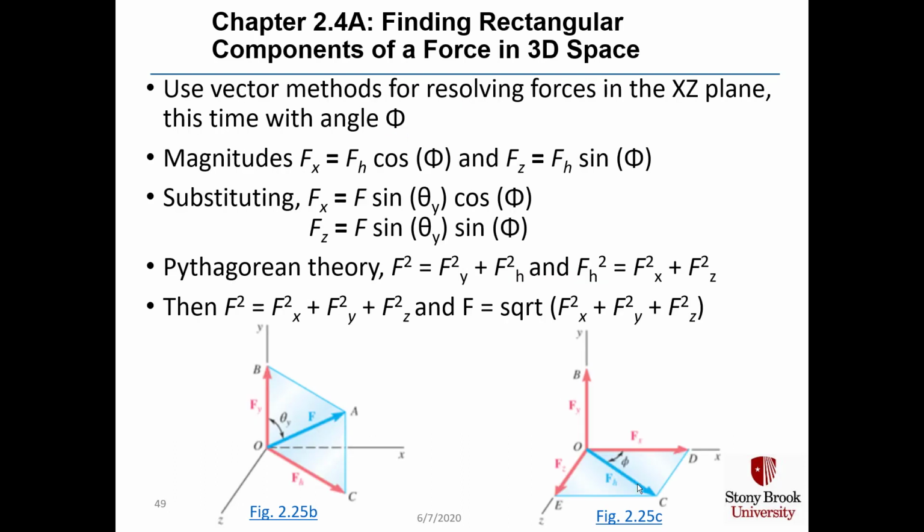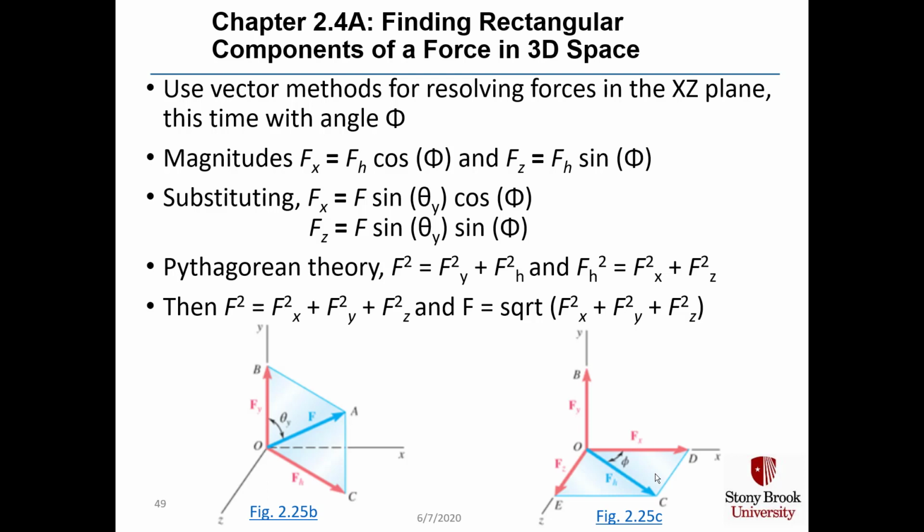Now we'll use vector methods for resolving the forces in the xz plane, as shown in figure 2.25c. This time we're going to use angle phi because that's the angle that F sub h makes with the x-axis.